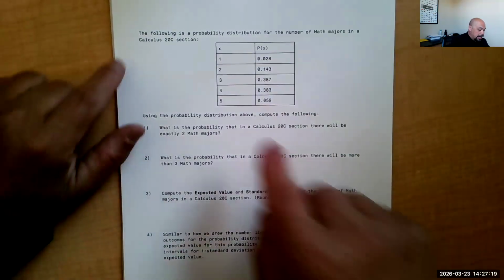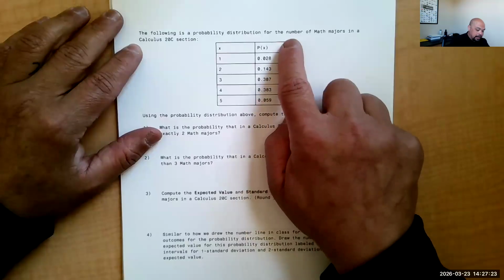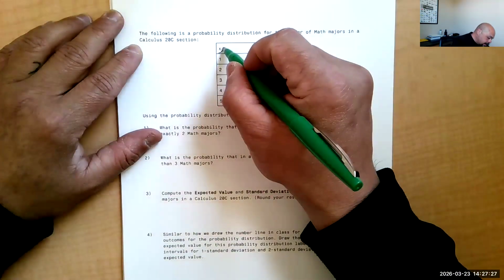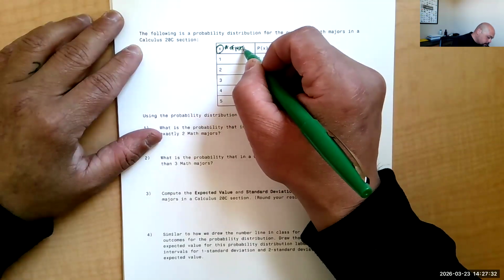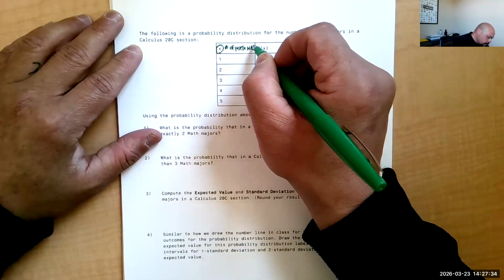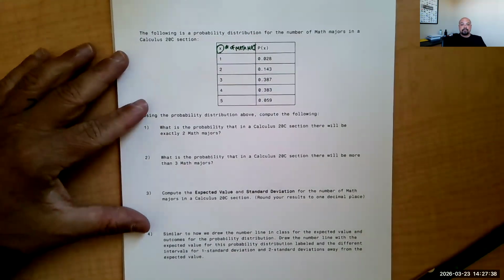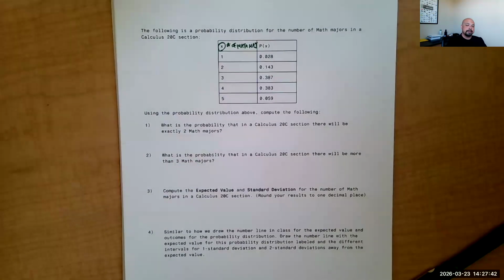In our problem, this probability distribution represents the number of math majors. So this X represents our number of math majors, these students that are majoring in math in this class, Math 20C here at MPC, our third semester multivariable calculus.